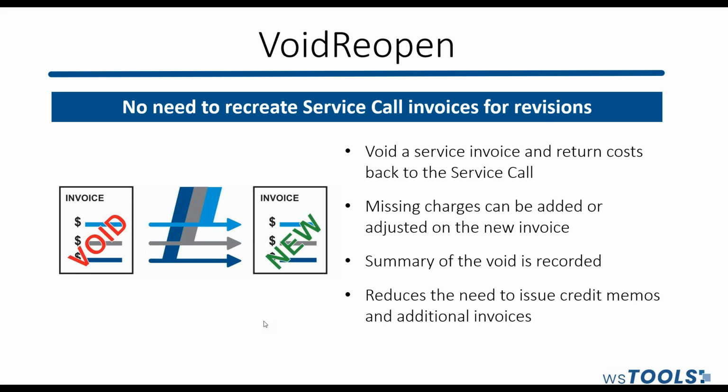When you say yes, it'll bring back that service call with all of the costs on it, so you can verify your billing, update billing if that's what needed to happen, add additional charges to that invoice, and then you can reissue that invoice without having to do a credit memo against that original invoice and start all over, putting in billing but no cost because you've already set the cost over to history when you did your original invoice. So again, it just makes that process so much smoother. We're going to walk through all of these tools, but we'll do a quick intro on them through slides first, and then we'll get into the demo because I love to show them off as well.